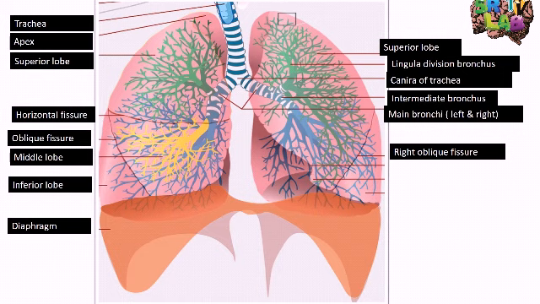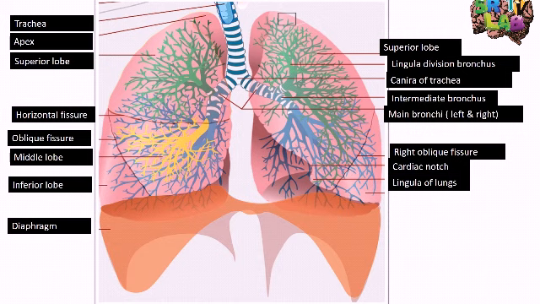Here we see the right oblique fissure. It is the one that separates the superior lobe and the inferior lobe. There we see the cardiac notch. The cardiac notch indicates where the heart lies within the chest. You see, the heart lies under or at the side of the left lung.